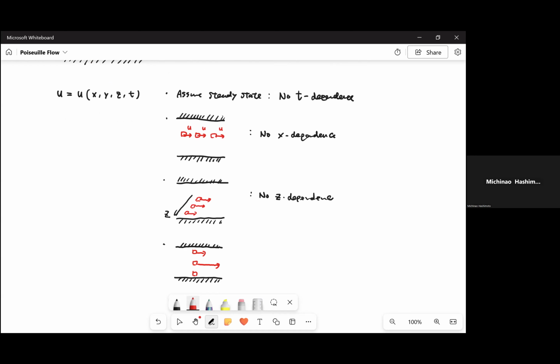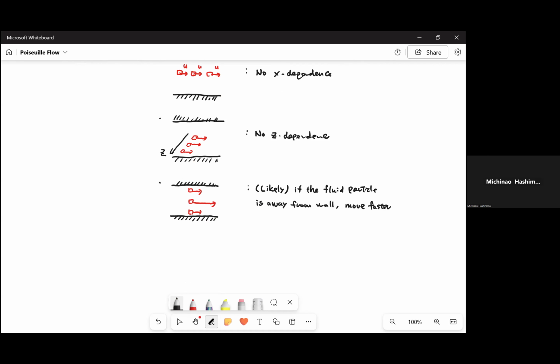Most likely, if the fluid particle is away from the wall, it moves faster.